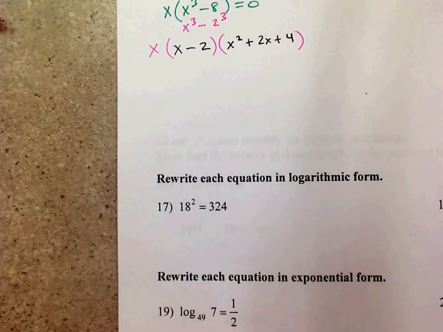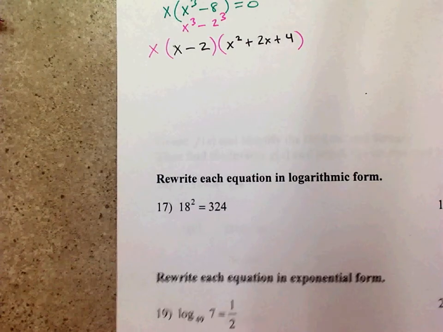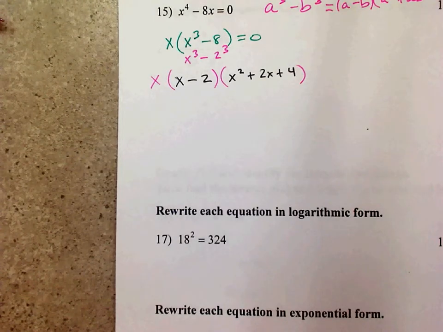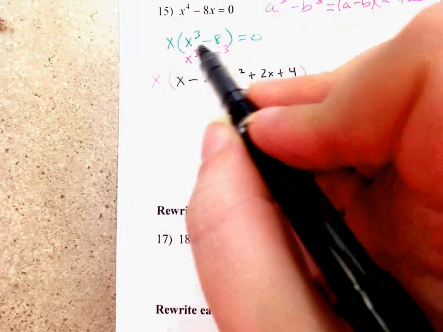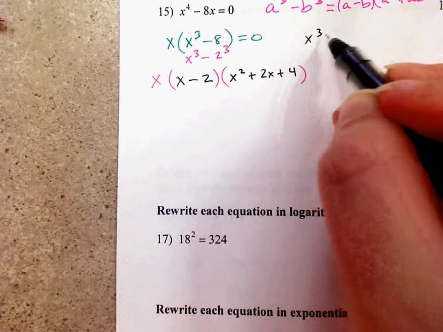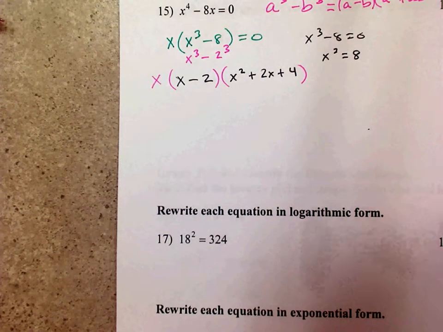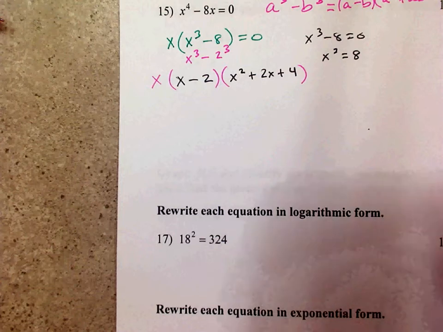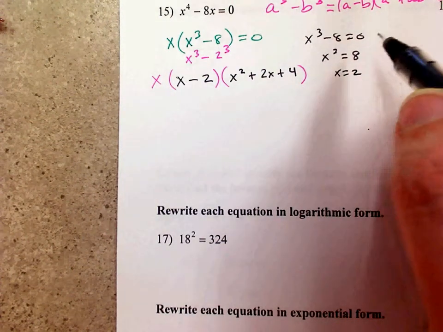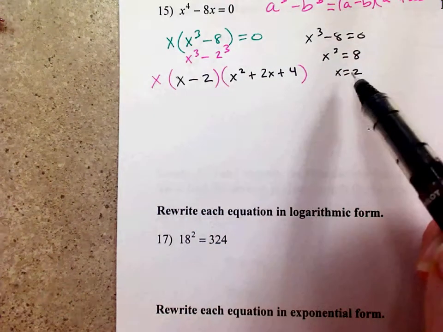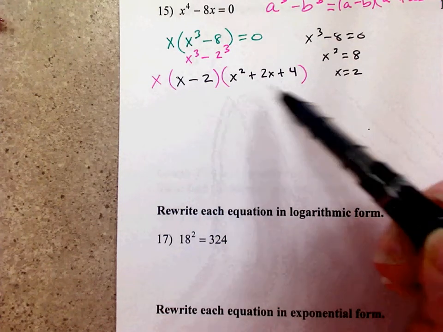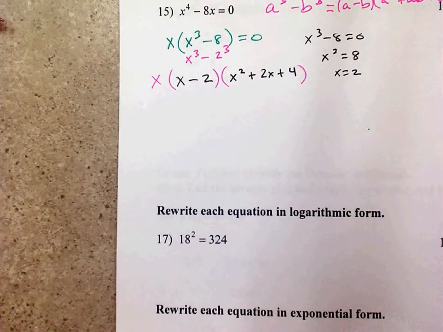As far as finding all the roots, real and imaginary, if I just said find where it crosses the x-axis, then you could say, well, when x equals 0 and when x cubed minus 8 equals 0, but if you set that equal to 0 and you added 8 to the other side, you could just take the cube root of 8 and get what? 2. Which means technically my graph only crosses the x-axis at 0 and 2, but there's 2 more imaginary solutions. As far as remembering that factoring, I'll probably write that on the board if you need it, okay?